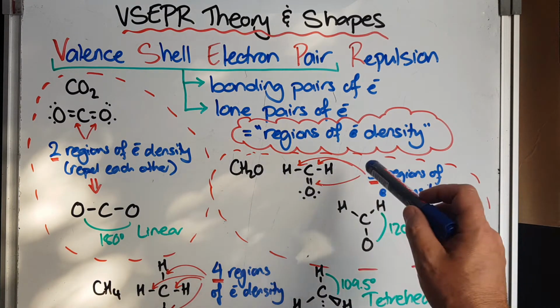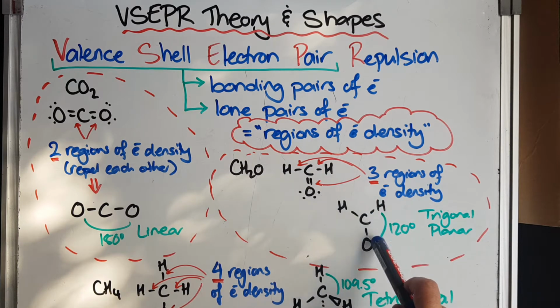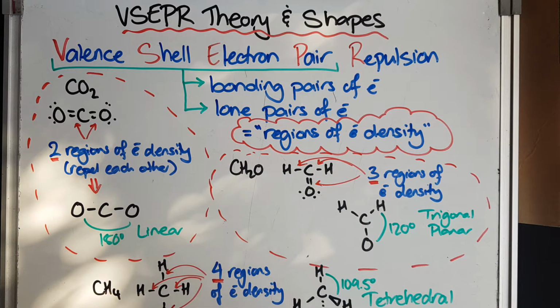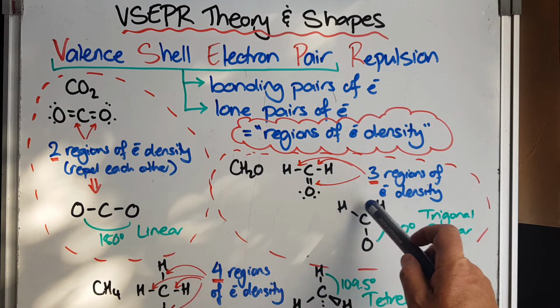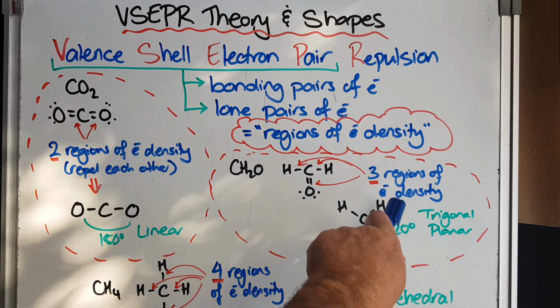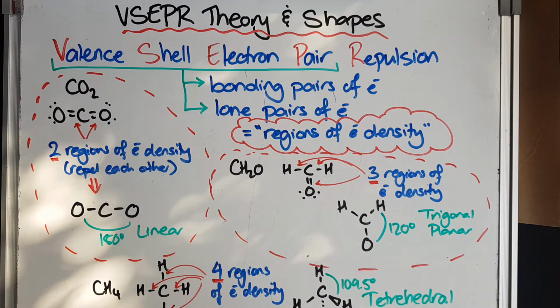So it's got 1, 2, 3, and we draw that like this. 120 degrees, it sits flat, so it's planar, it's the corners of an equilateral triangle, so therefore the bond angles, all of them would be 120 degrees.